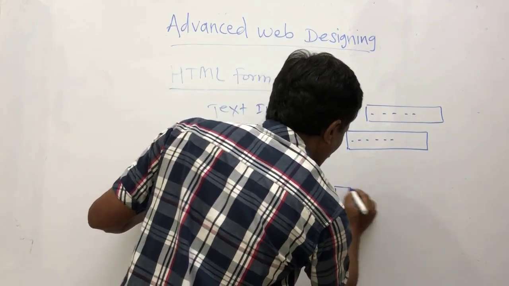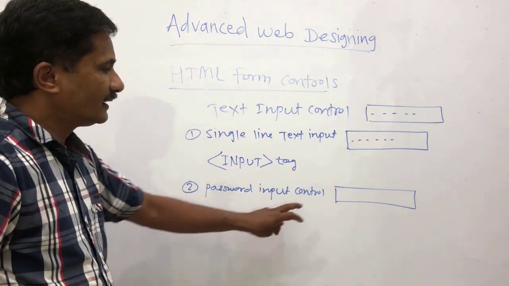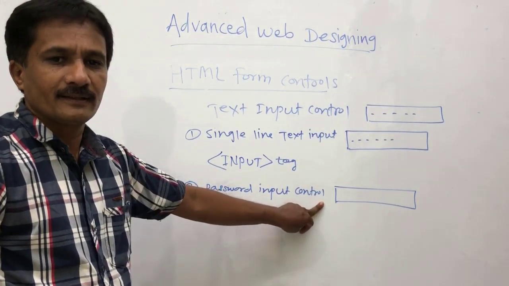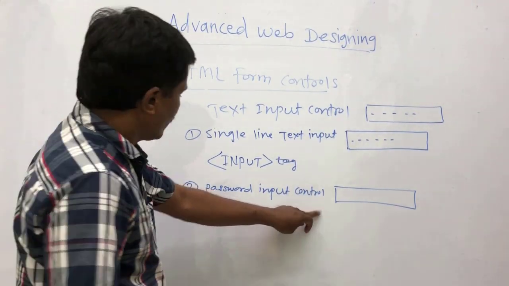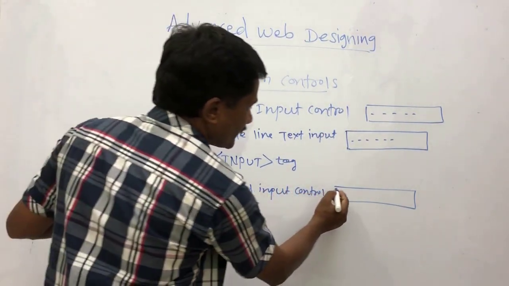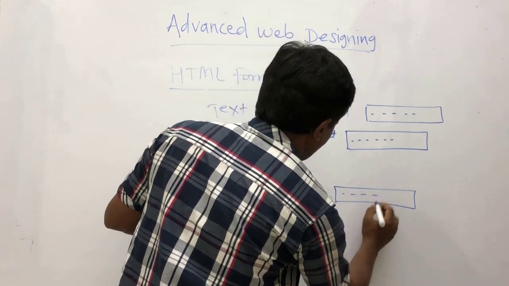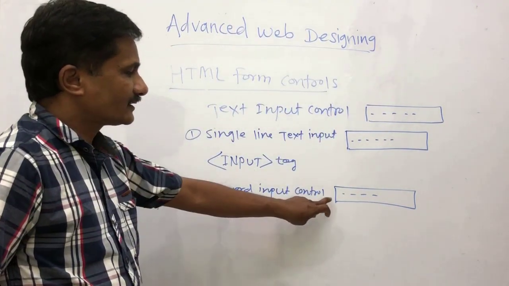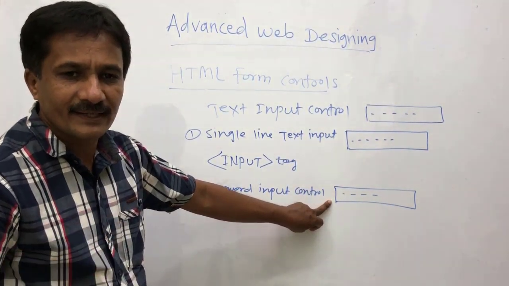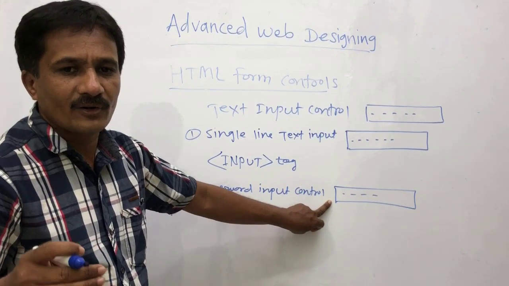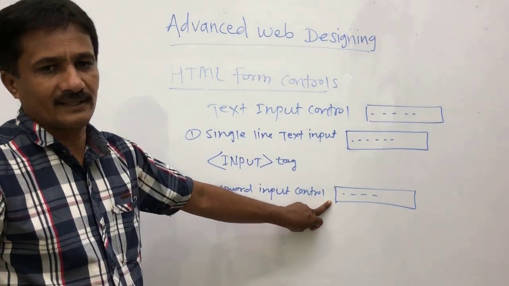This is also a single line input text box, but the difference is that when the user inputs some text in this password input control box, the characters are automatically hidden or masked as soon as the user enters them.